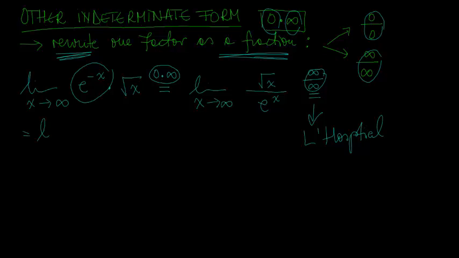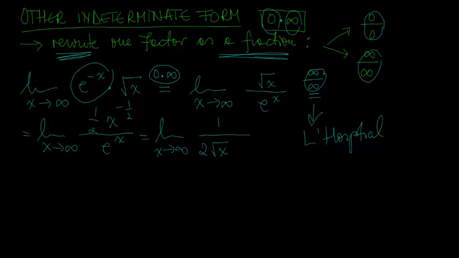So we get the limit as x goes to infinity, the derivative of square root of x is 1/2 x to the negative 1/2, and the derivative of e to the x is just e to the x. So now let's rewrite this expression algebraically. I'm going to have 1 divided, let's put the 2 in the denominator, x to the 1/2 moves in the denominator as well as square root of x, and then everything multiplied with e to the x.